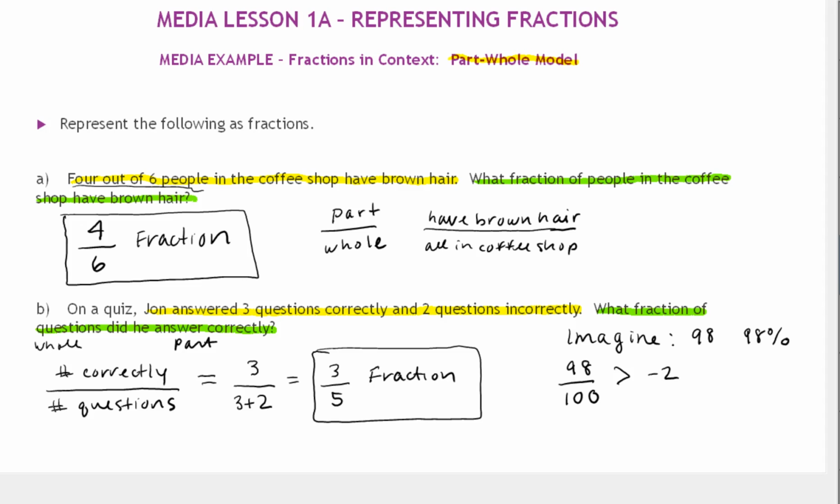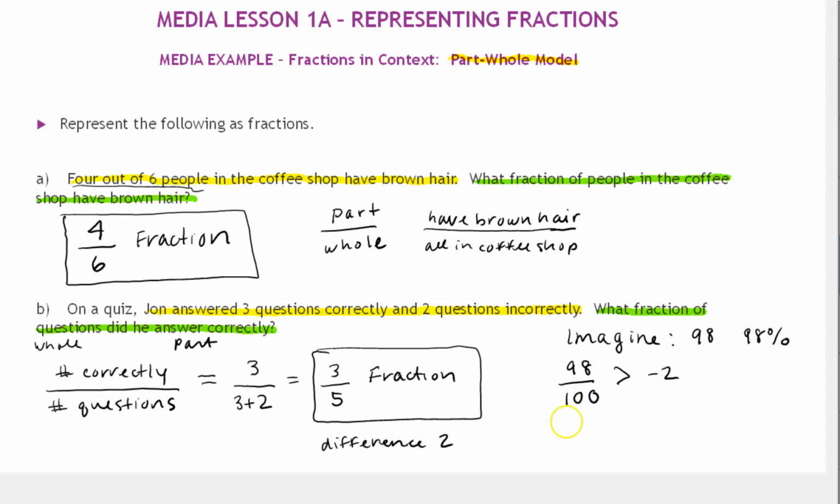And let's think about why. So even though the difference here is 2, in both of these situations, okay, in this problem you got a lot more correct relative to the amount of questions. Okay, so you can think about, well, in this situation, say you took this test and on the first 5 you got 3 correct, and then you continued.